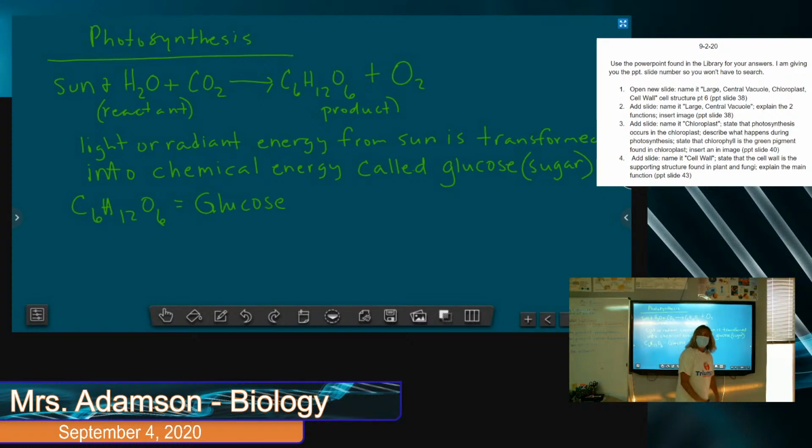I'm narrowing this down to things that you need to know. We could spend a long time talking about all the amounts of glucose, but for photosynthesis, I'm cutting it down to what you need. You need to know that this process, photosynthesis, occurs in the chloroplast of autotrophs, or producers.